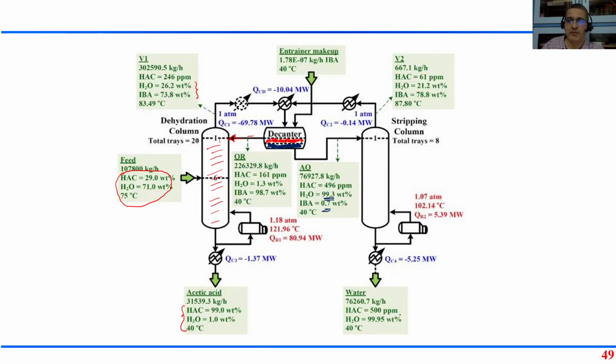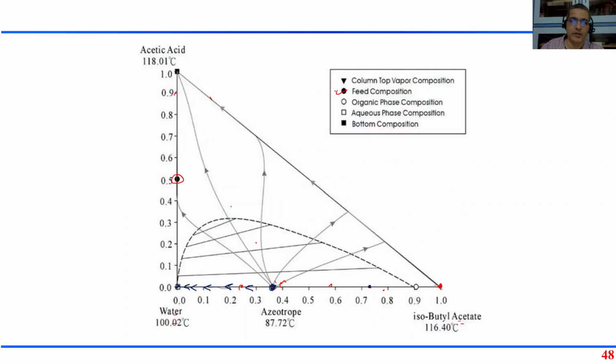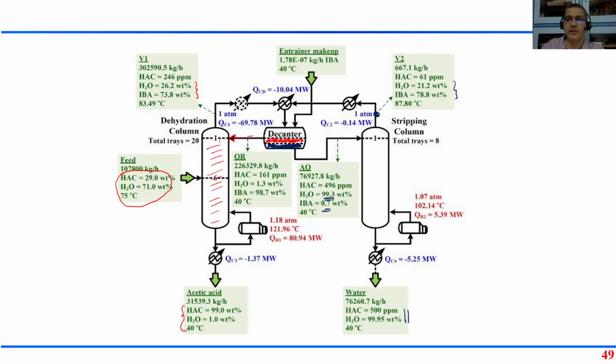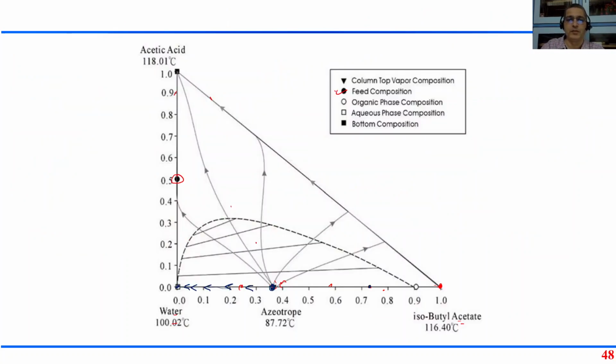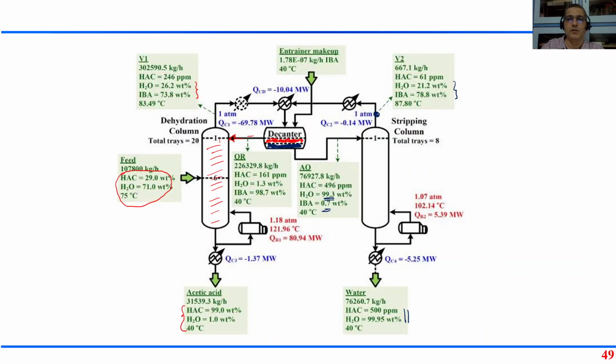So you see, I'm having pure water at the bottom, I have an azeotrope at the top, 21.78, in terms of weight percent. In terms of mole percent, what was it? It was 36 mole percent isobutyl acetate. Right, so weight percent, mole percent, just take care.